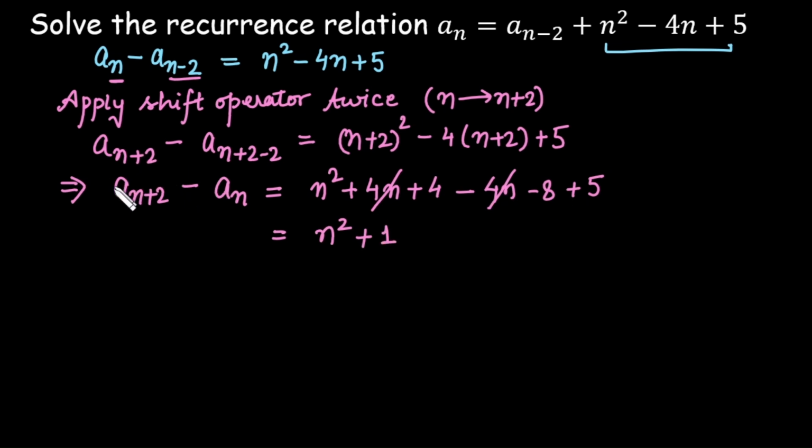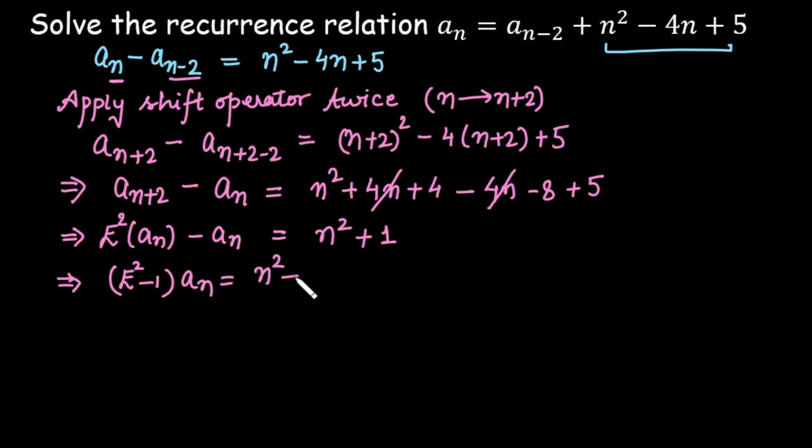On the left side, we can write this in the form of E, that is E square a_n minus a_n, because in this case a_n is shifted 2 times and that's why we are getting a_{n+2}. This implies (E square minus 1) a_n is equal to n square plus 1.